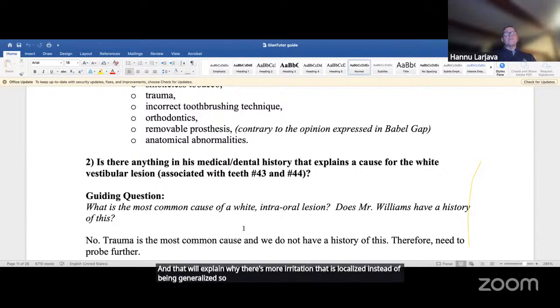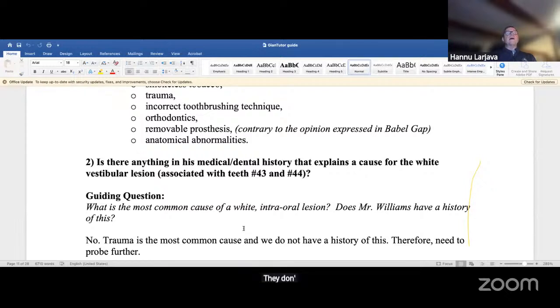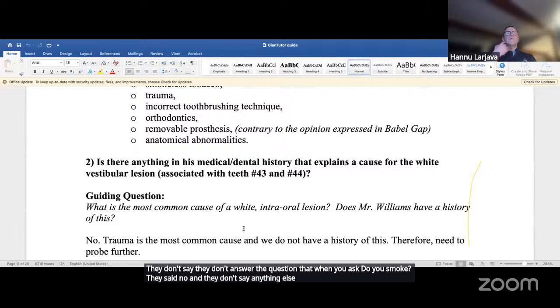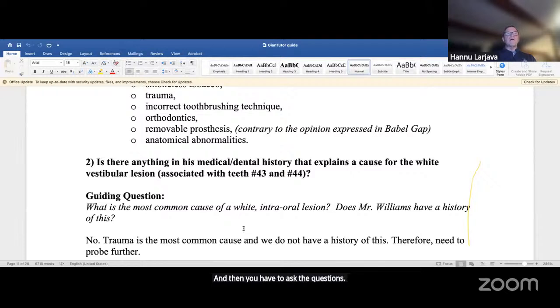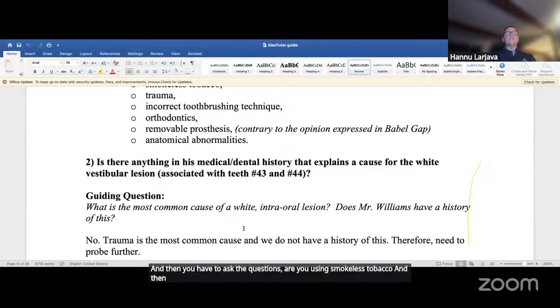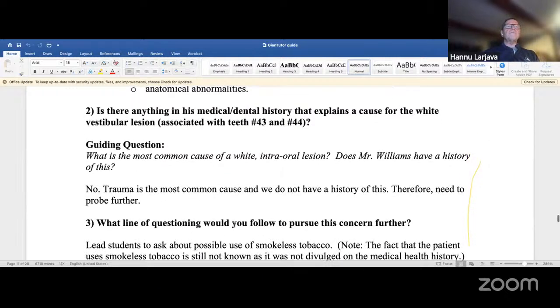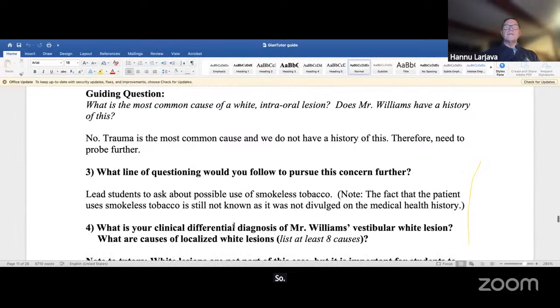Some smokers, as you know, use both smokeless and smoking. Some only use smokeless tobacco, and they indicate where they keep it. Sometimes they answer no when you ask, do you smoke, and they don't say anything else. Then you find the white lesion in their gums and have to ask, are you using smokeless tobacco? And the answer in this case was yes, he actually is. That was the questioning.